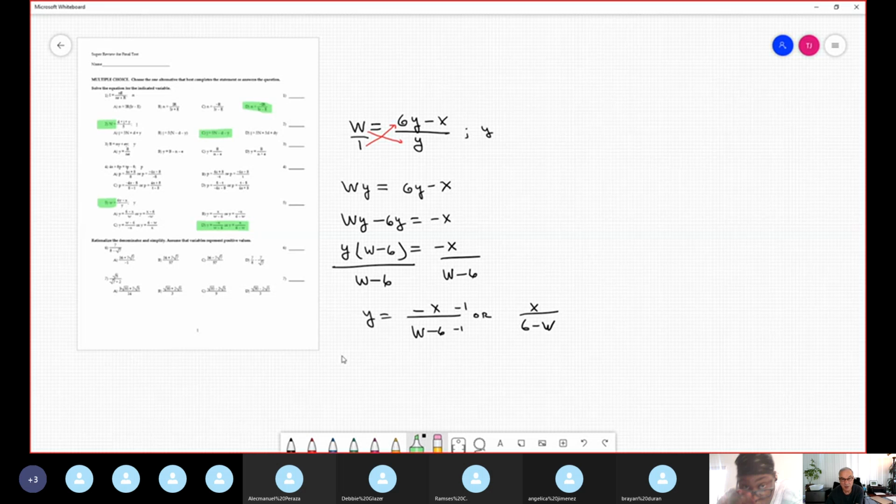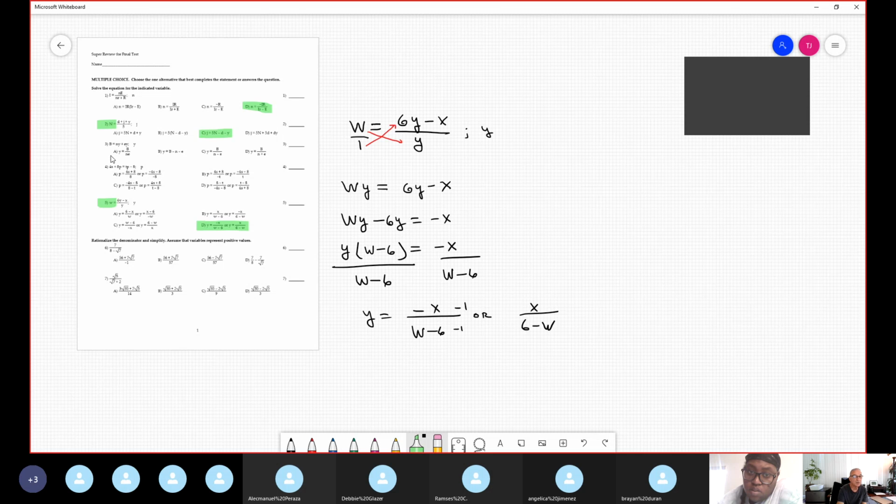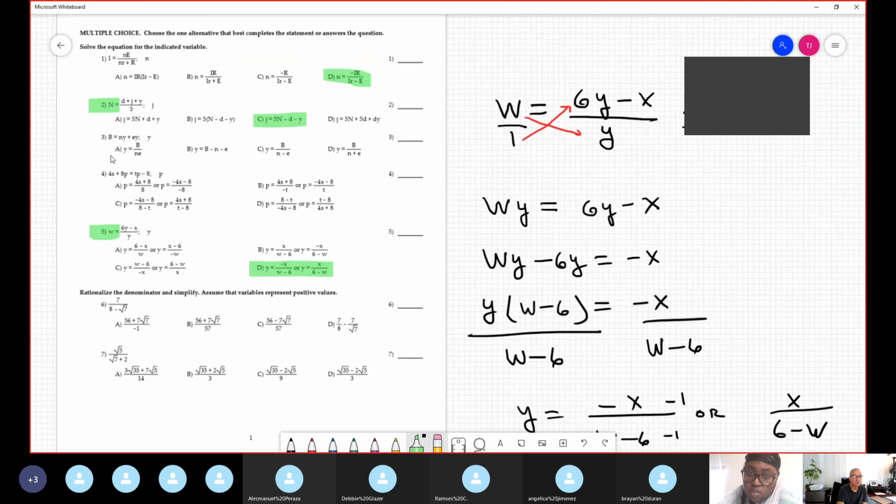Okay, guys, now I need to know how you feel about literal equations. Do you consider that we need more examples or no? No? Everything is clear? Literal equations. We have number 3 and number 4, because we did number 1, number 2, and number 5.